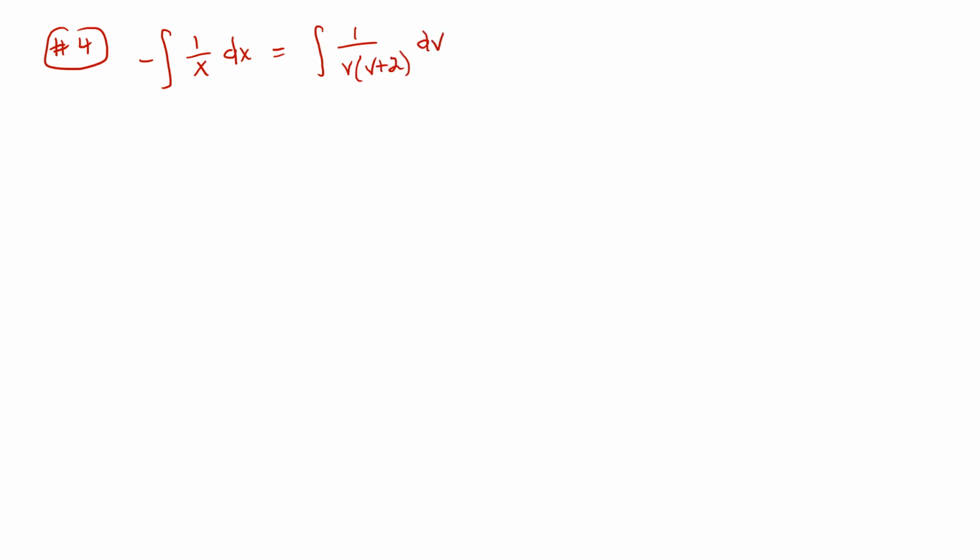Okay, when I take the integral of the left-hand side, I'll get the negative natural log of x plus c equals, and then on the right-hand side, I'm going to have to take partial fractions. I'll get 1/2 natural log v minus 1/2 natural log (v plus 2).